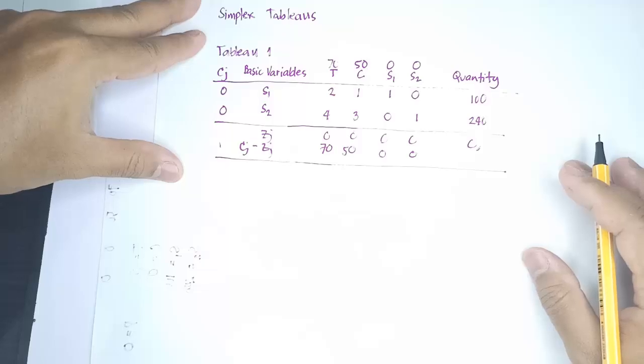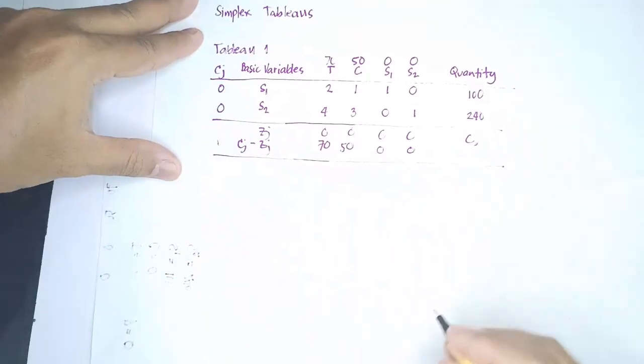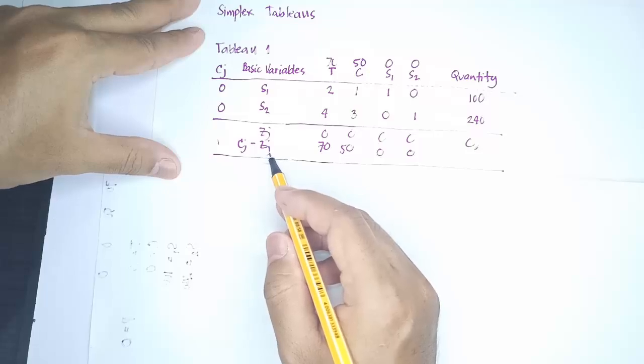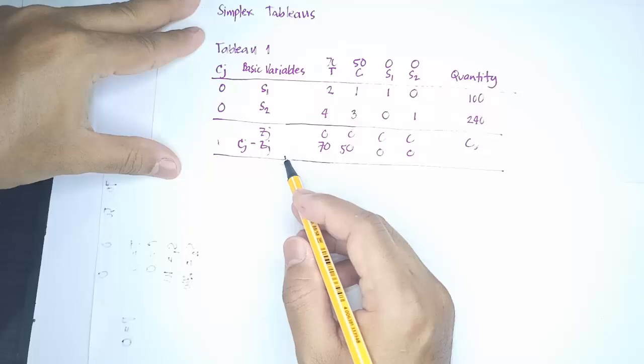Simplex method is an iterative process, meaning the process will continue until such time it satisfies a particular condition. For this case, the condition we need to satisfy is that the elements of C sub j minus Z sub j should be less than or equal to 0, or the elements should be zeros or negative.